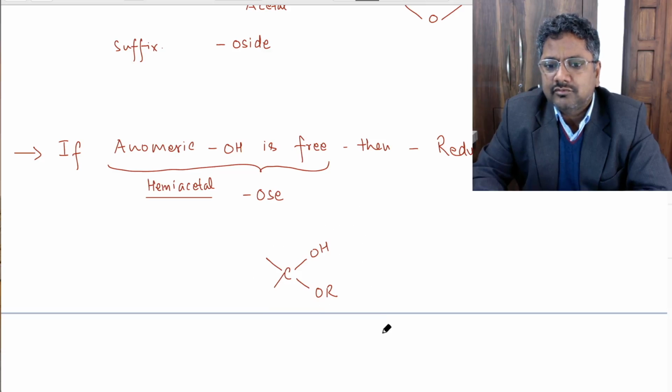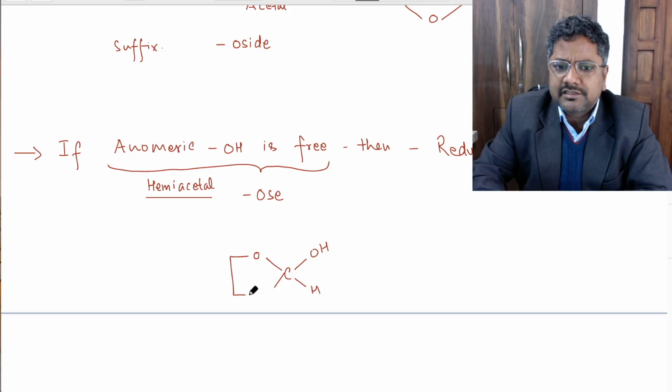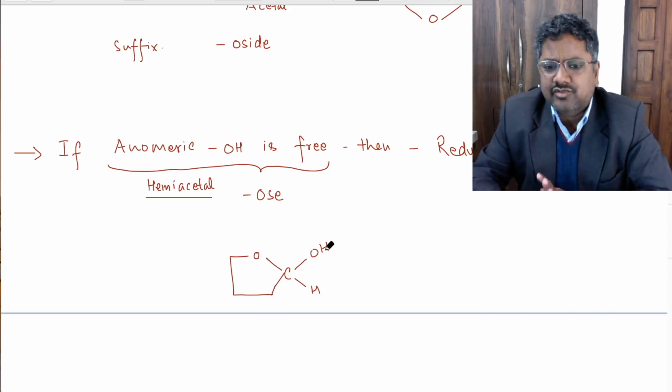What do you have to do? This is a hemiacetal. This is not a sugar. Suppose this type of structure is given: H is there, O is there, and it is not a six-membered ring, only a five-membered ring.